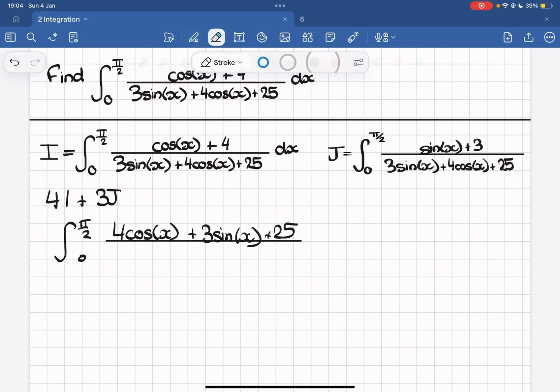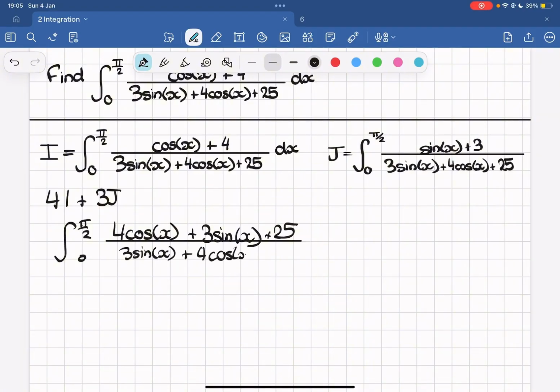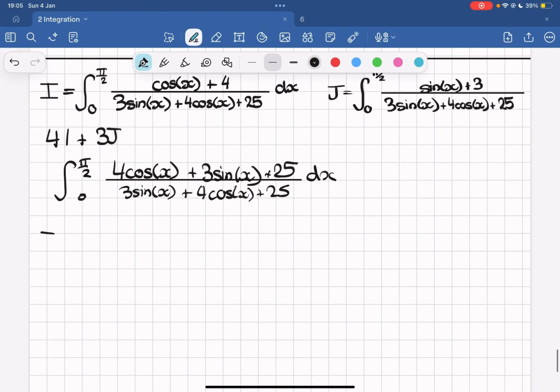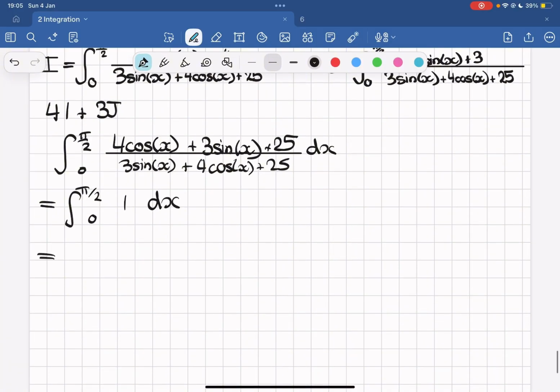We've got our cancellation. So we are differentiating with respect to x. This nicely simplifies down to give us 1. Then evaluate that, we have pi over 2.